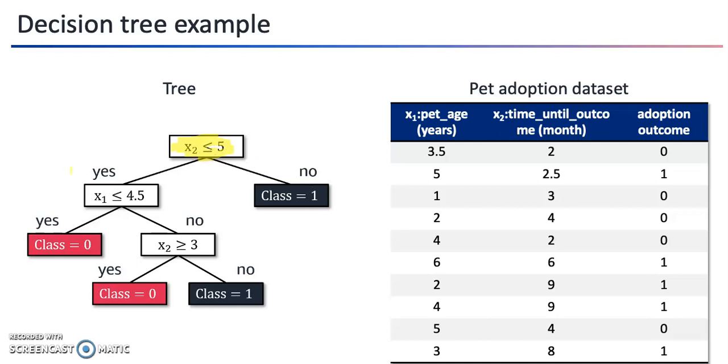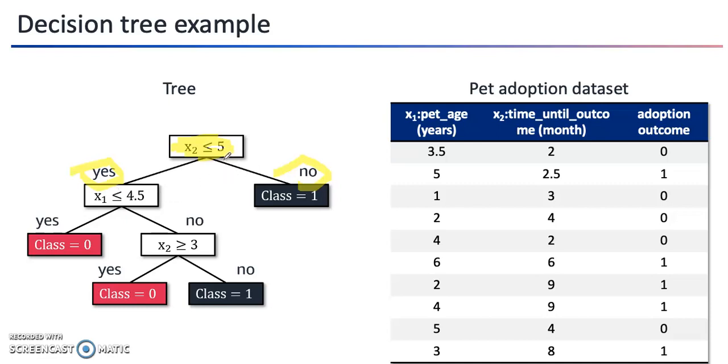So that's where we're seeing the yes or no relative to either edge or link out of that specific node. The scenario is that if the amount of time until outcome is less than or equal to 5, if that is true, then the branch goes to the next node, which has a condition on the first feature, the first column.